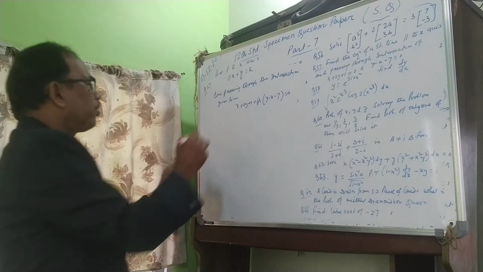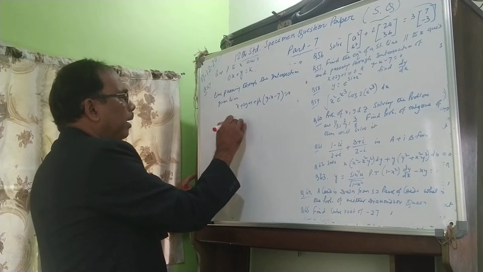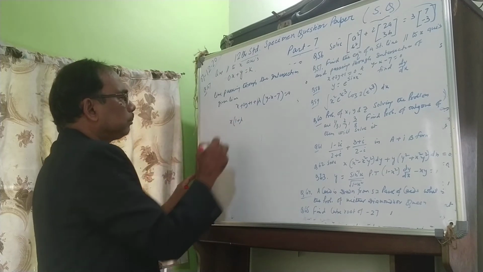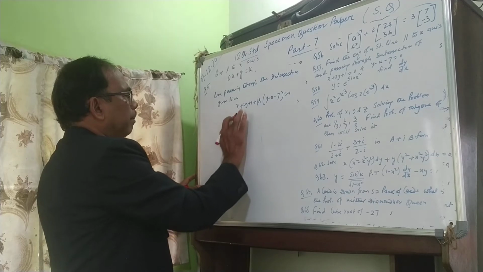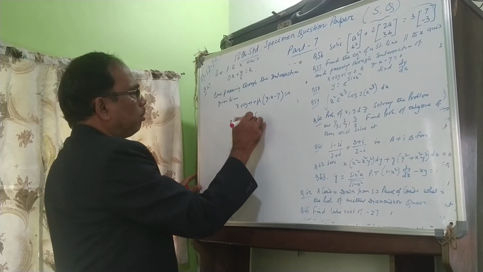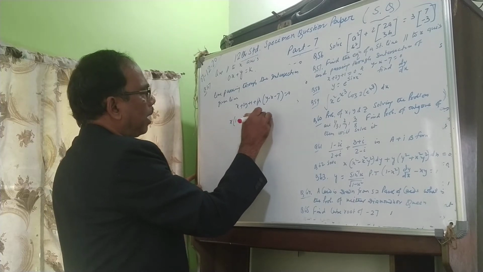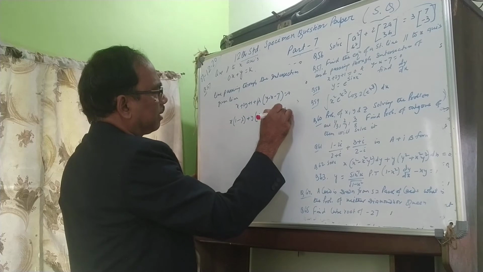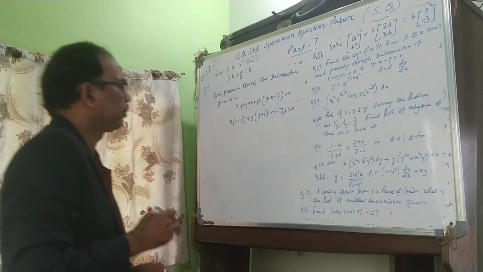Now we can convert it: x common 1 minus lambda, plus y common lambda plus 2, plus 1 minus 7 lambda equals 0.